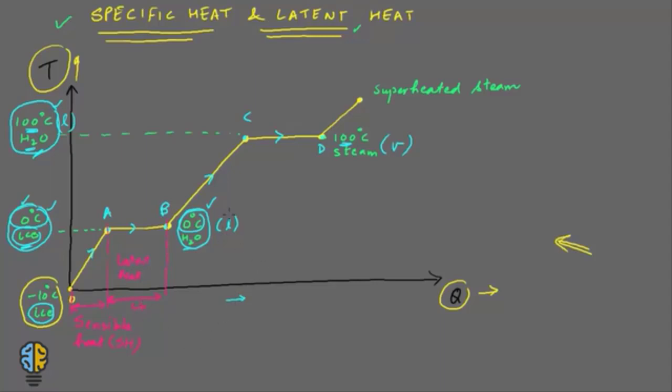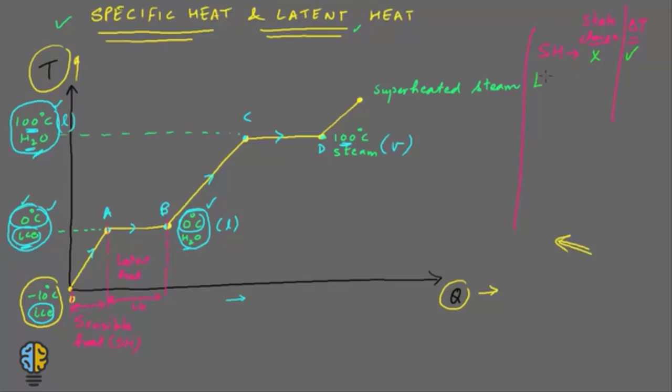Alright, so if you summarize this, in sensible heat, if you talk about state change, and here is your delta T. When you talk about sensible heat, there is no state change, but there is a temperature difference that occurs.